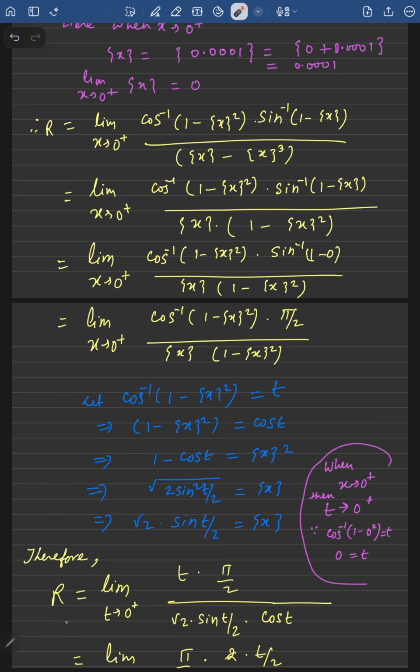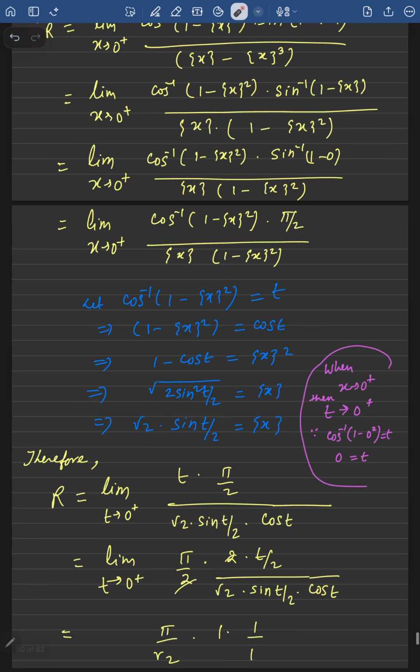Therefore the right hand side limit, this time we change x into t format using the substitution, limit t tends to 0. So this whole expression will become t into pi by 2 for this, and this expression will become root 2 sin t by 2 into cos t. So this is pi by 2, this is t, this is root 2 sin t by 2 cos t. You know that limit x tends to 0 of sin x by x is 1.